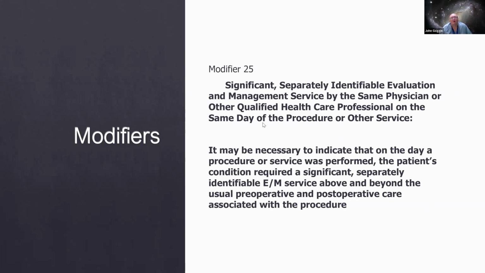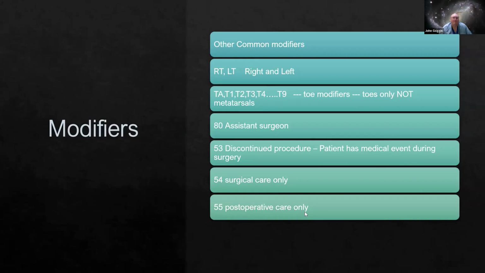Third scenario, same patient comes in 2 days after you gave them a cortisone injection, they're in a 10-day global, and they have a sprained ankle. You can evaluate and manage that ankle and put a 25 modifier on it to indicate that it's not related to the post-op period they're in.